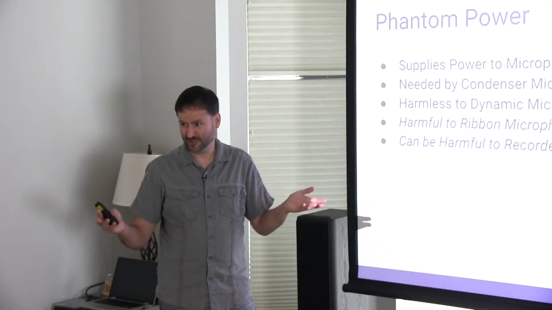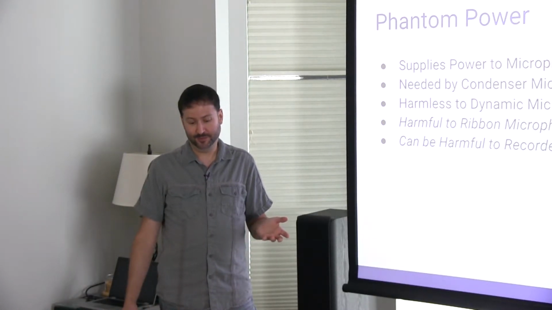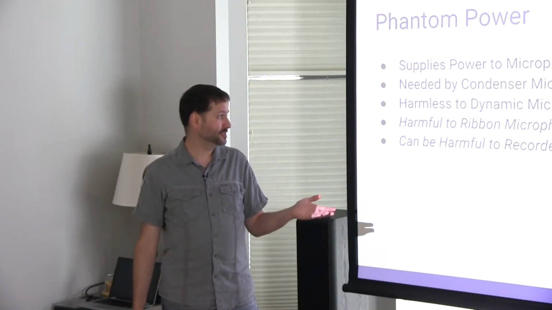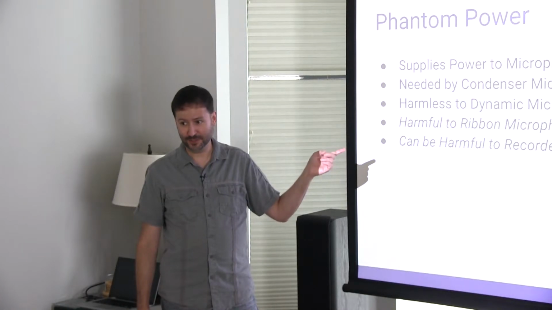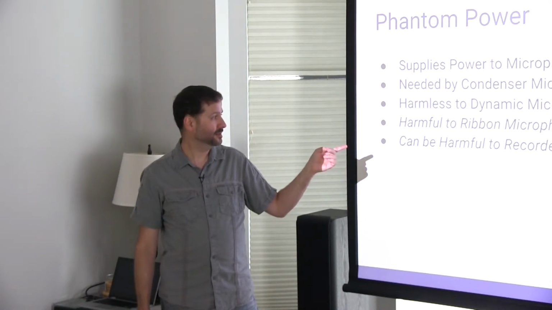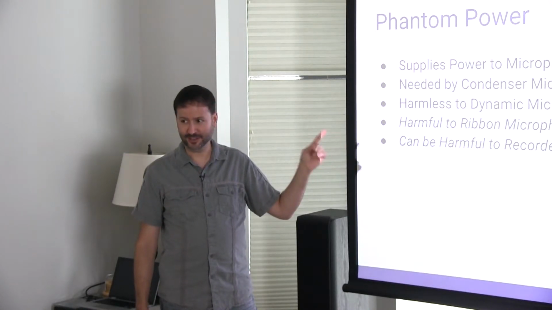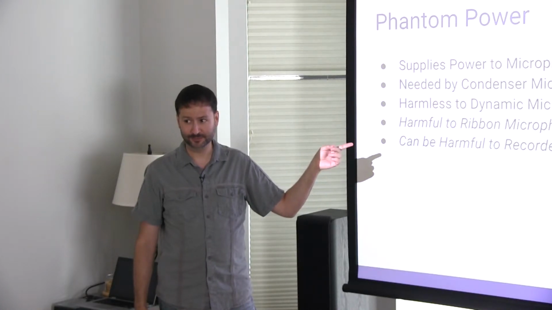It just doesn't notice. That's why they call it phantom power. But a condenser microphone needs it. If by some freak chance you happen to use a ribbon microphone, and you'll know it because it's expensive, you absolutely have to be careful never to apply phantom power on a ribbon microphone because it'll damage it.